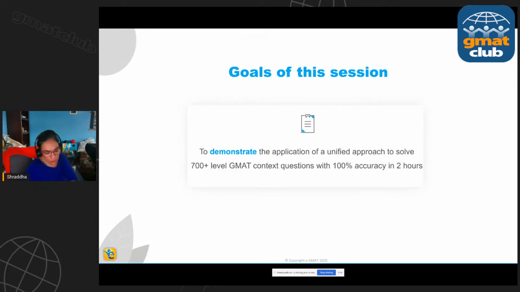The goal of the session is to solve the questions pertaining to verb-ing modifiers, but also to show you the application of the unique meaning-based approach that e-GMAT came up with. Payal Tandon introduced this approach, and now we are at the third iteration of it.